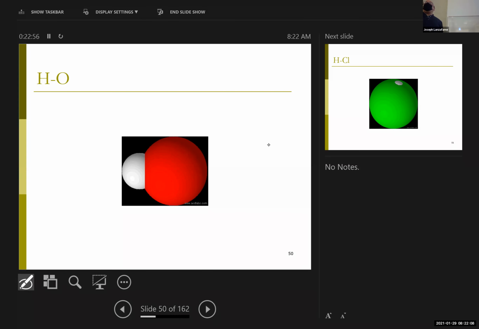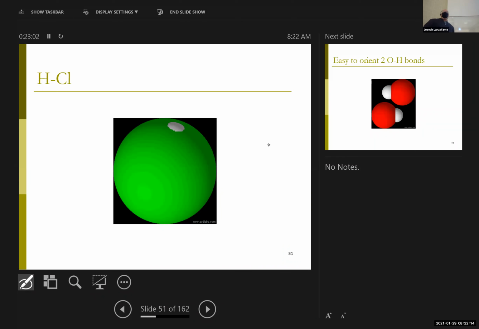right? Chlorine, remember, again, is as electronegative as the nitrogen, but this is hydrogen chloride to scale. Right? It's a beach ball with a pimple. It's still technically a polar bond.